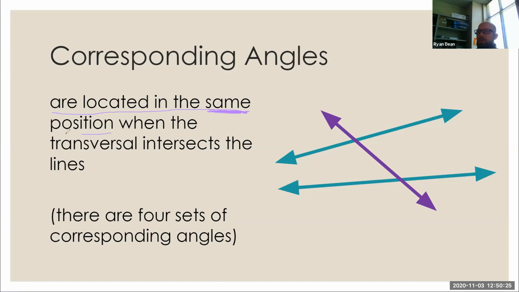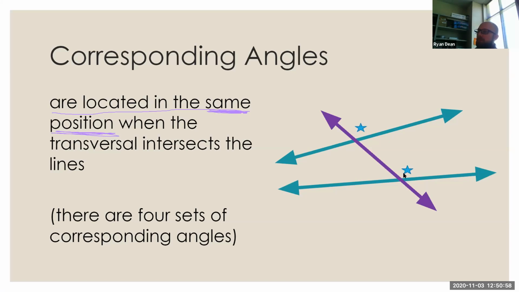Same position when the transversal intersects the lines. So for each transversal, like this example right here, this purple line, the transversal intersects two lines. So for each set of transversals, there's always going to be four sets of corresponding angles.